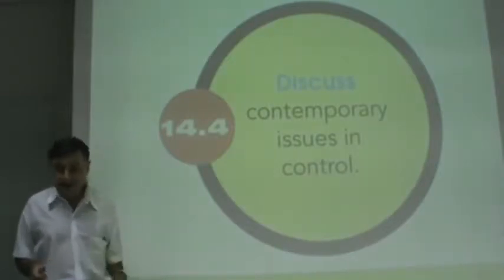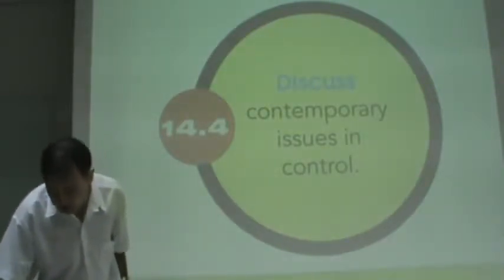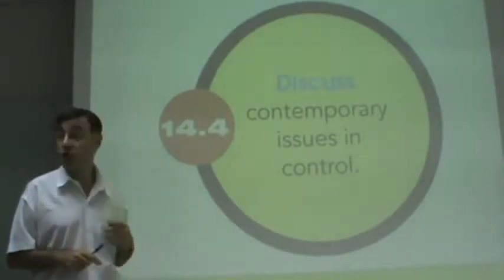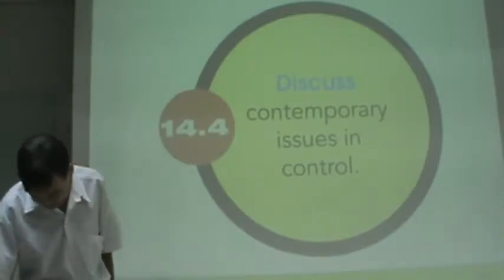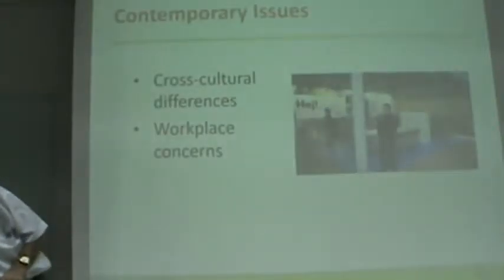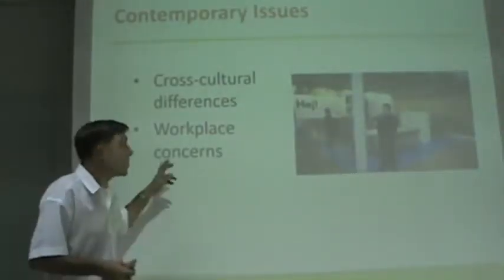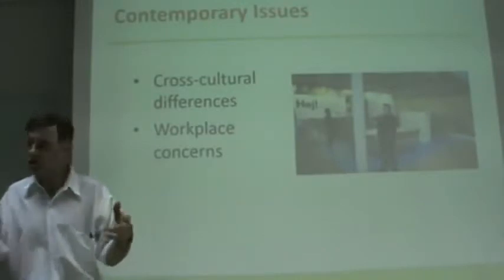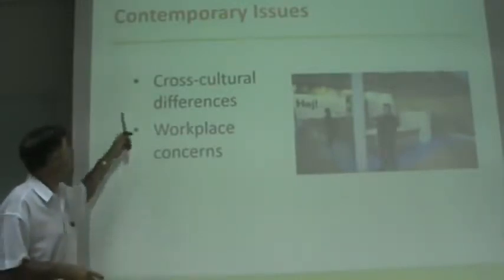Next one is section 4 of contemporary issues. And contemporary issues aren't very many, at least we don't need very many. The contemporary issues we cover today in this course are basically 2.